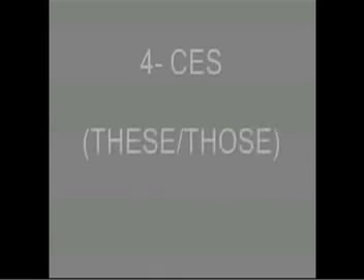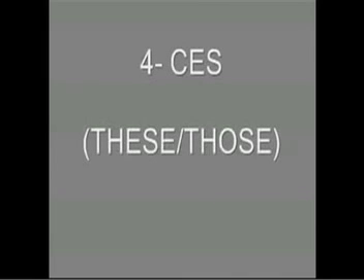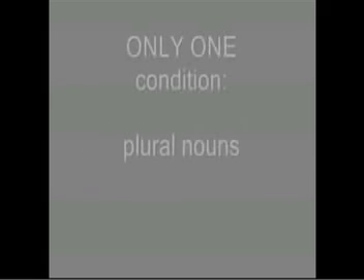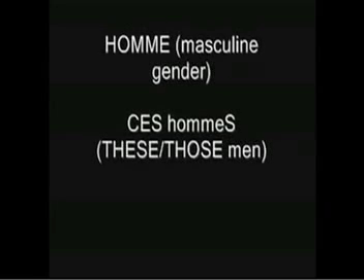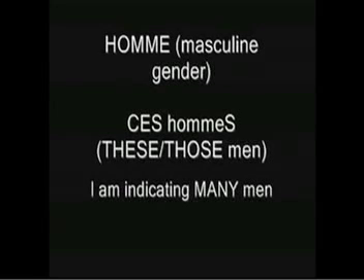Now, the last one is ces, C-E-S, which is these or those. You use it when the noun that follows is plural, regardless of the gender. So let's take homme. Homme is man. It has a masculine gender. If I wish to say these men or those men, it will be ces hommes.